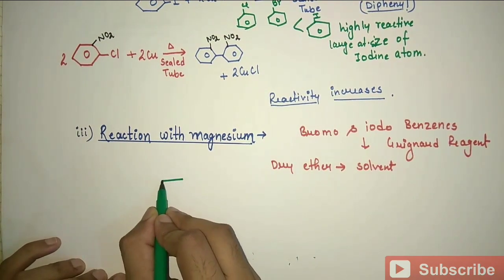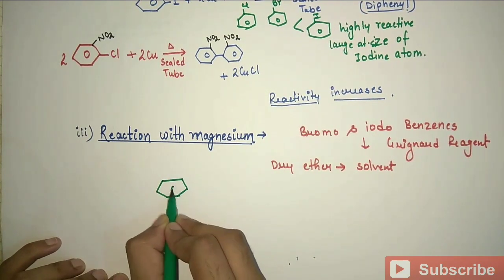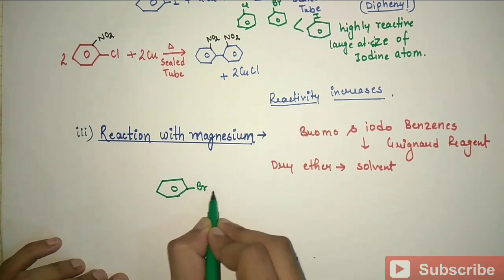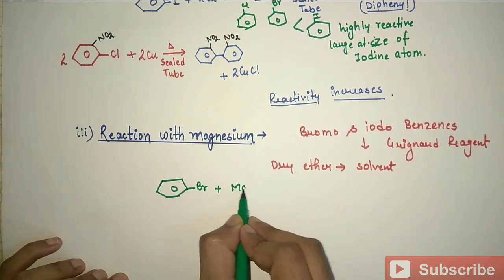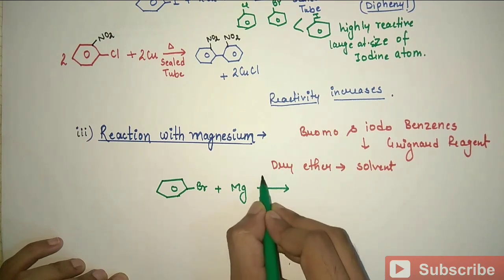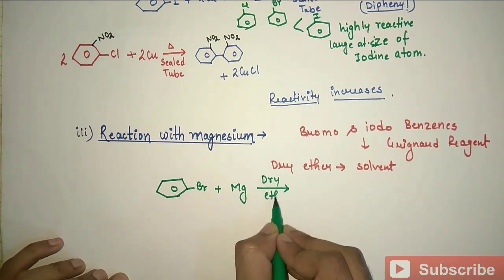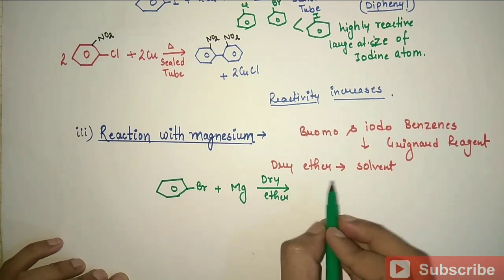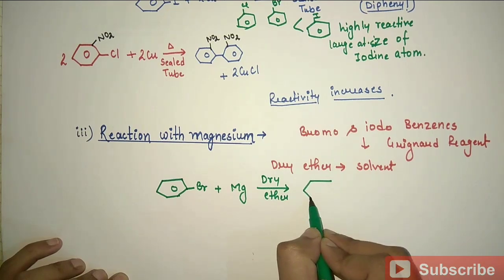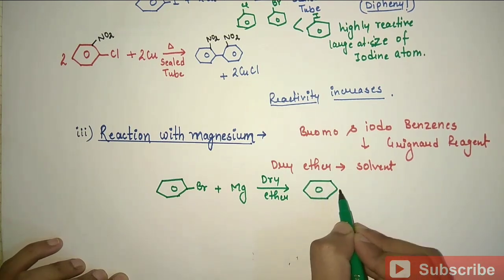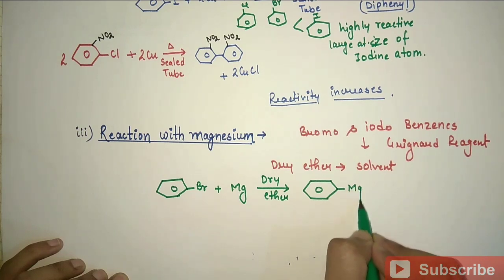This is our bromobenzene. When it reacts with magnesium in the presence of dry ether as a solvent, it will lead to the formation of Grignard reagent, MgBr.